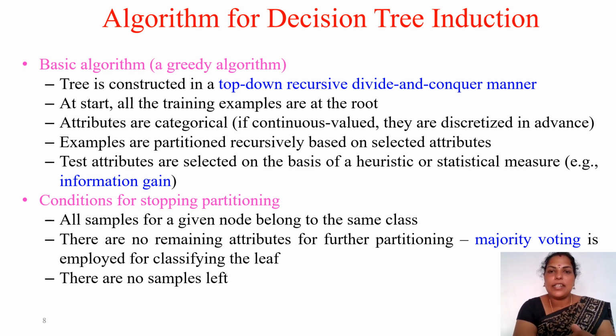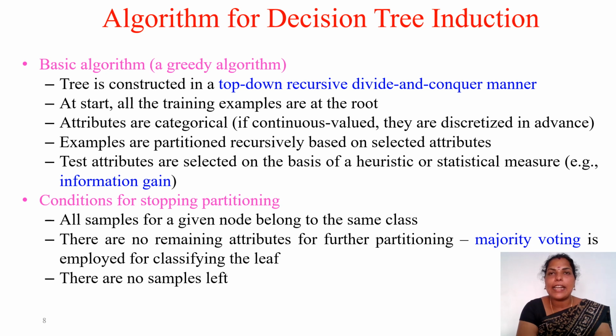In decision tree induction, we are looking into 3 versions of decision tree induction. Those 3 methods are based on different attribute selection measures. One uses information gain, another uses gain ratio, and another uses Gini index.